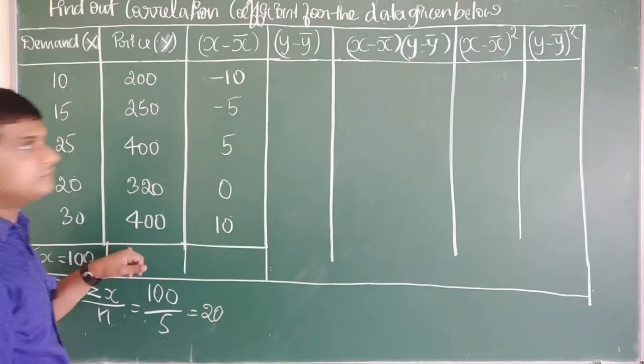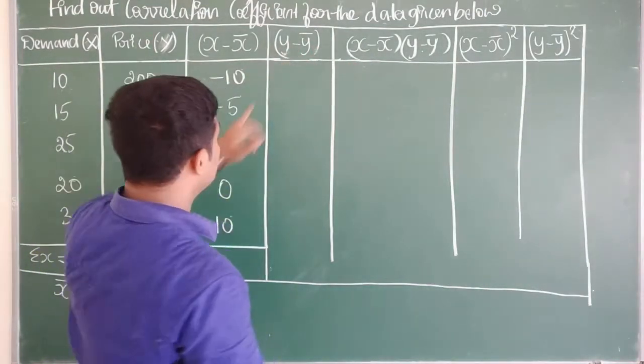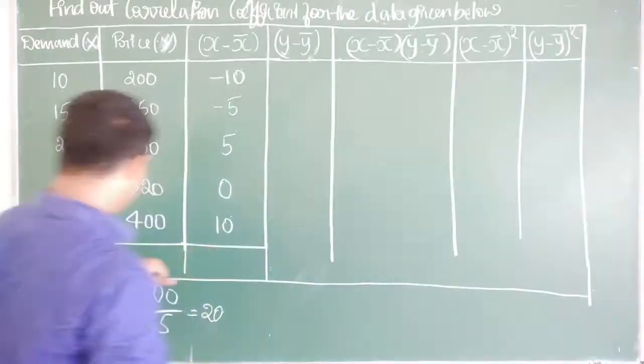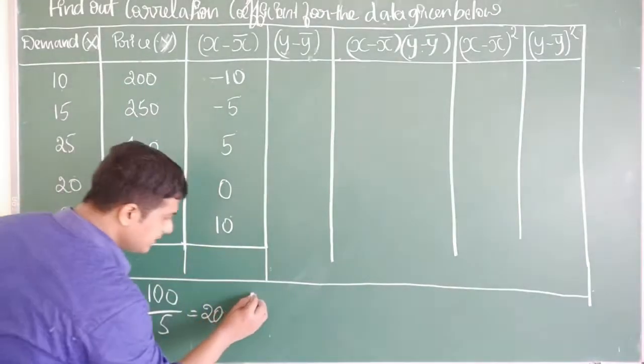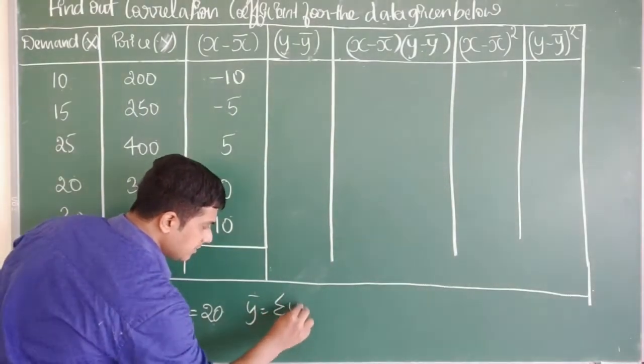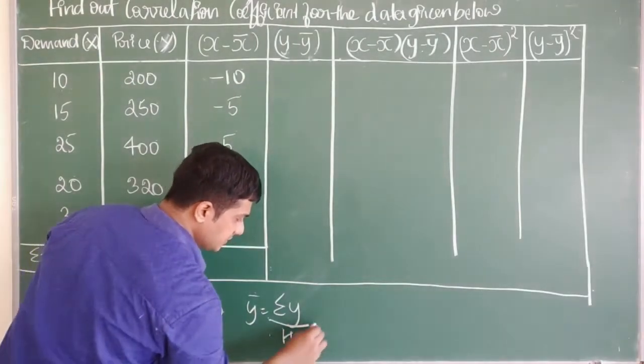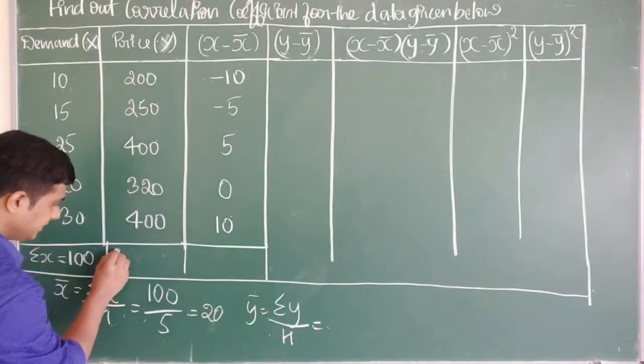Okay. Similarly, now we have to calculate y minus y bar. We know y values. We do not know y bar, we have to calculate y bar. So y bar is equal to sigma y, the total of y values, divided by number of observations. Okay, let me calculate sigma y here first.